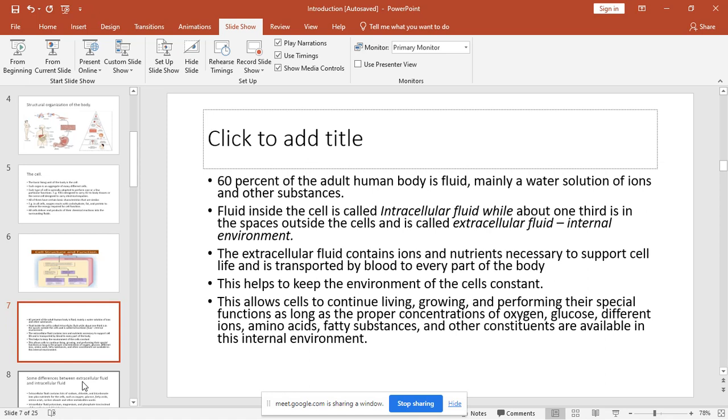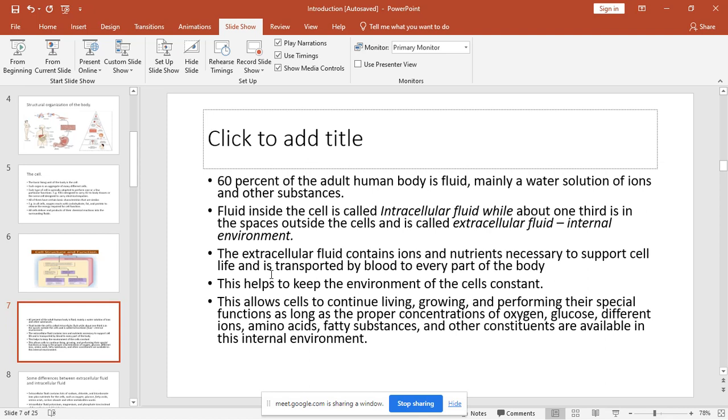Okay, you might also want to know that most of our bodies are basically made up of fluid. We are also going to cover this in detail, so forgive me if I seem to be jumping all over. Our bodies are basically 60% fluid, and this is mainly water solution, ions, and other substances.